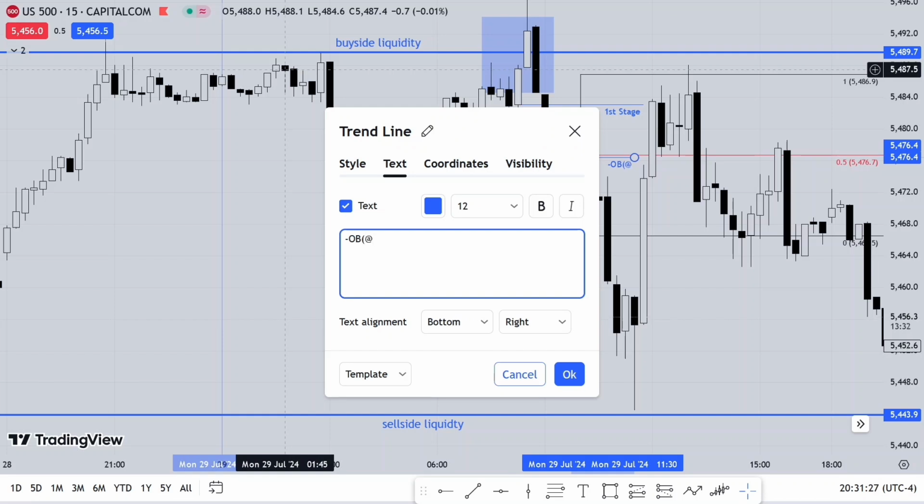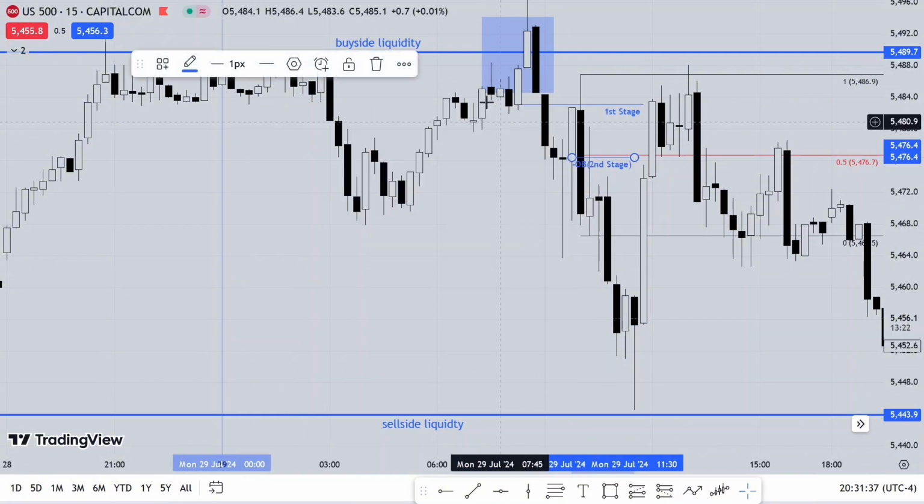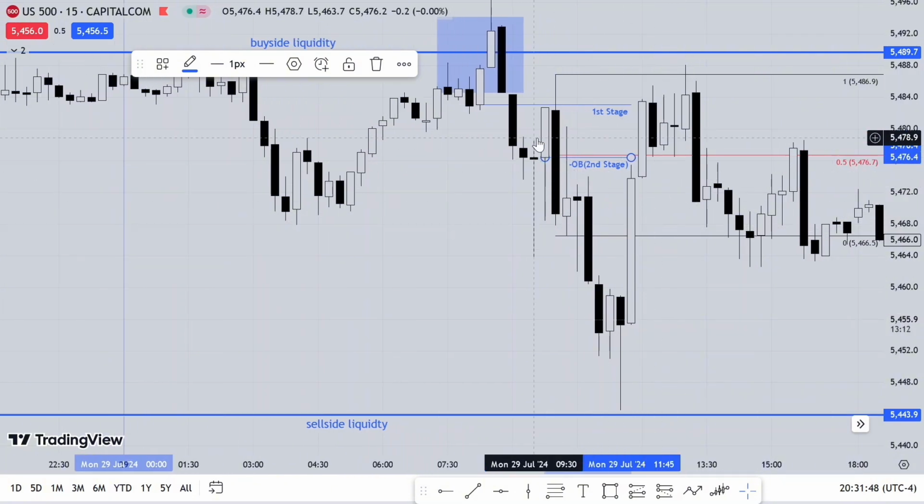So you are currently interested in this bearish order block for a second stage distribution to distribute smart money sell orders to the downside.